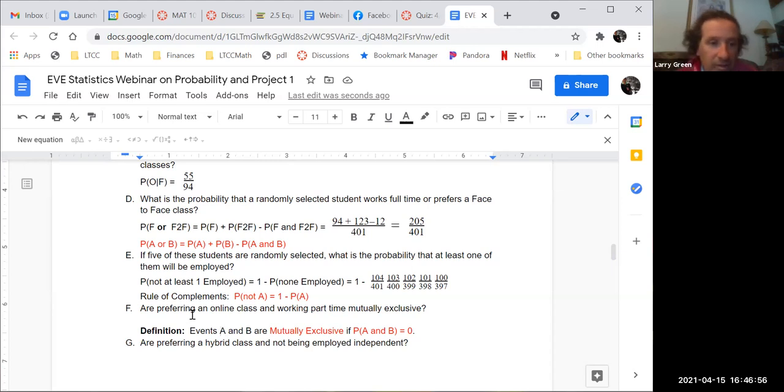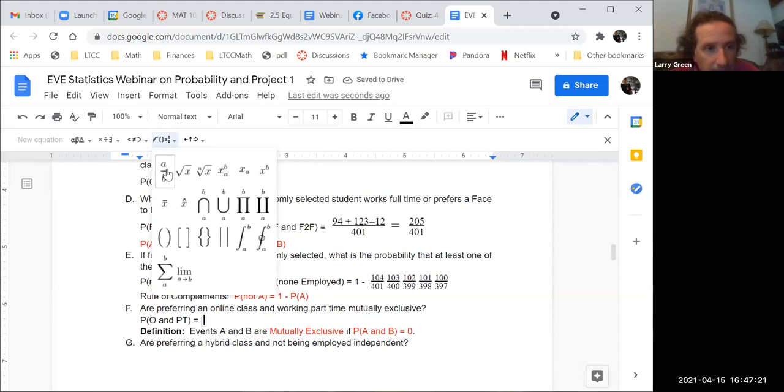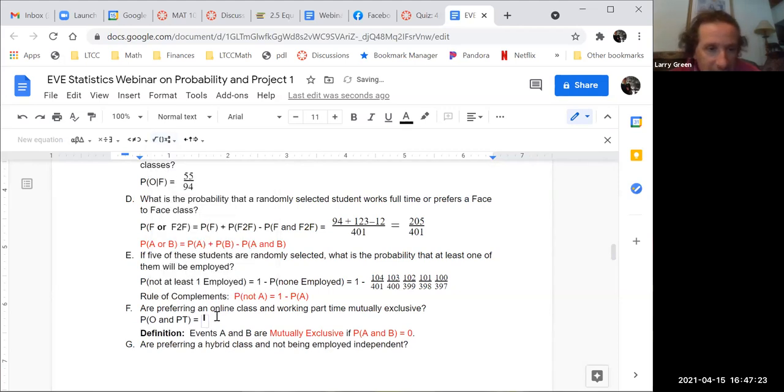Okay, so let's find out if preferring an online class and working part-time is mutually exclusive. Well, we're going to do probability of O and how about PT for part-time? What's the probability of O and PT? Let me make a fraction. And we're not ready to answer until we can see the table again.